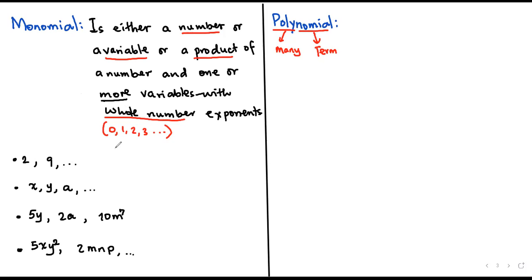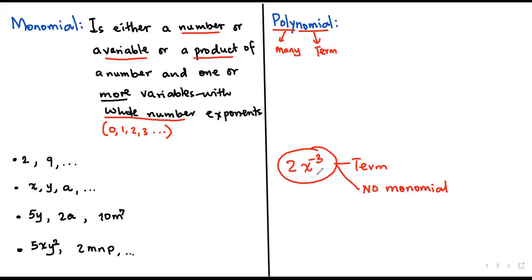But note that there are some terms whose exponents are negatives. So if a term has got an exponent as a negative, let's say I have 2x to the power of negative 3, this is a term, but this term is not a monomial. You have to understand this very well. This is a term, no problem, but this term is not a monomial.